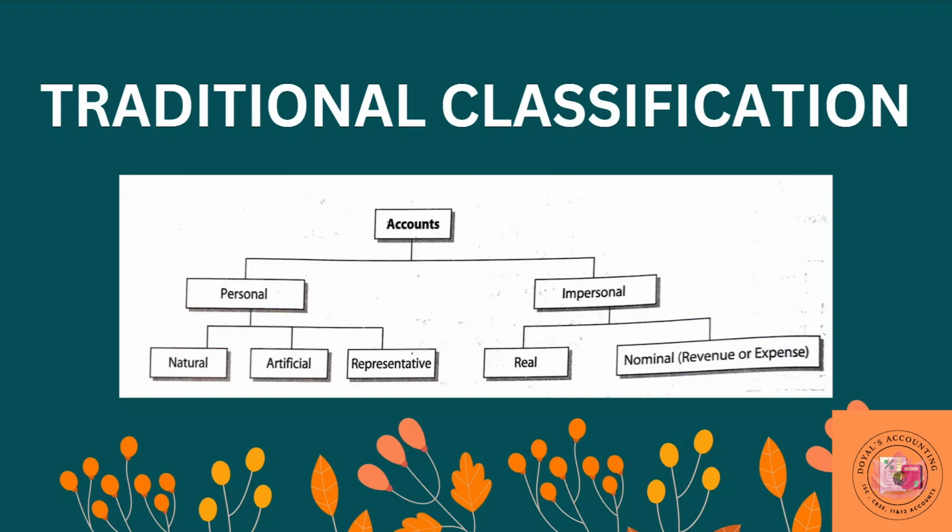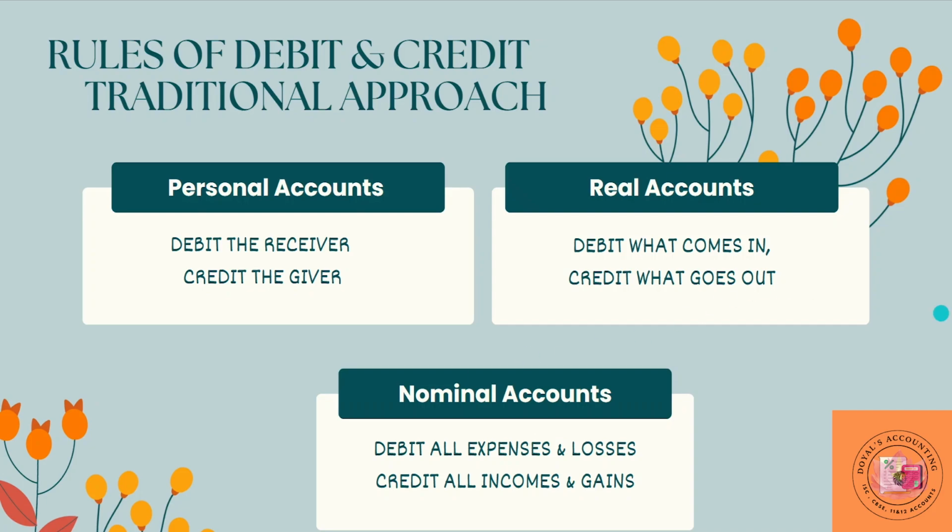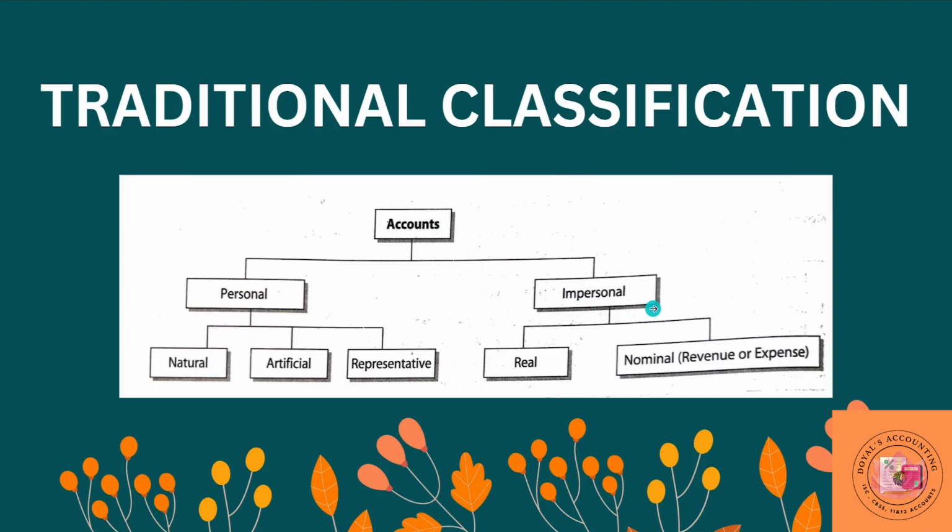Now, the accounting rule for a personal account is debit the receiver, credit the giver. In a transaction, whoever is receiving the money, that personal account will be debited. And the personal account that is giving the money will be credited. So, debit the receiver, credit the giver. Now, for our next classification, we have impersonal accounts.